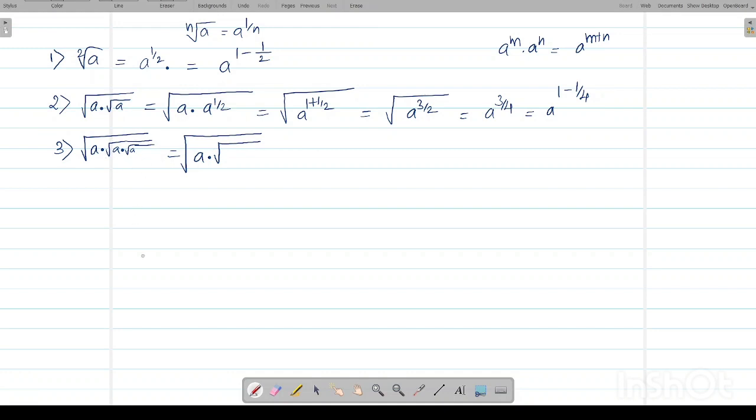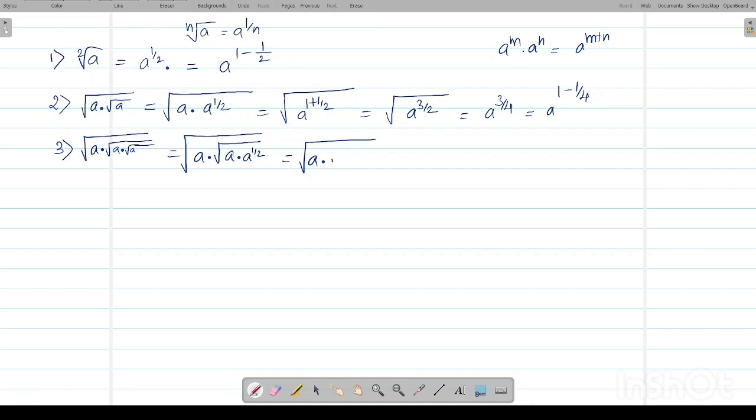If you observe here, let me take the arrow mark, I am taking this root as it is and I am just evaluating these two. So what is that? It is a into root a, which is a power 1 by 2, and it is the root of a into a power 1 by 2, which is a power 3 by 2.